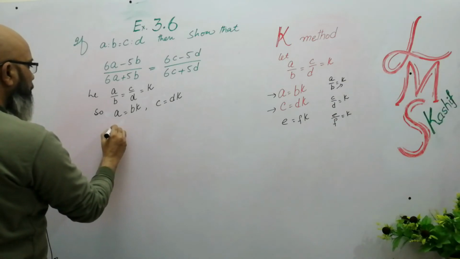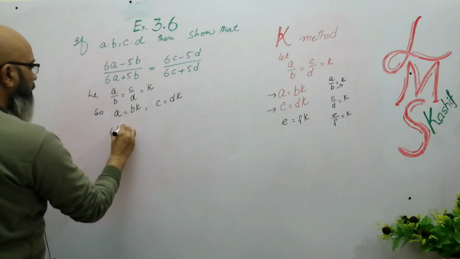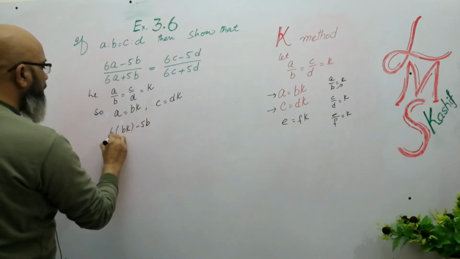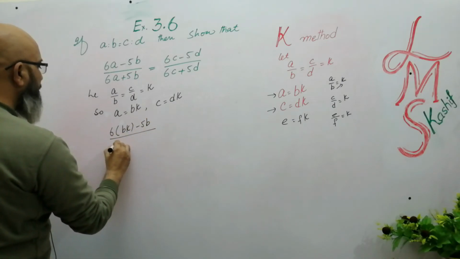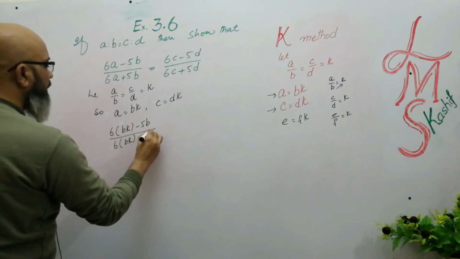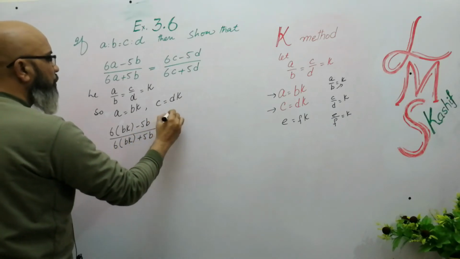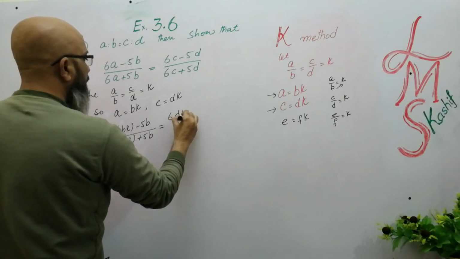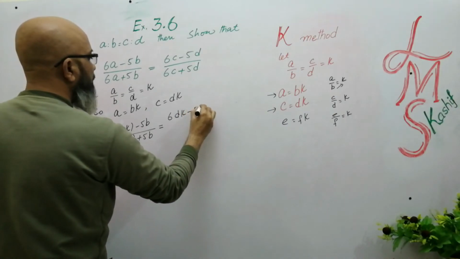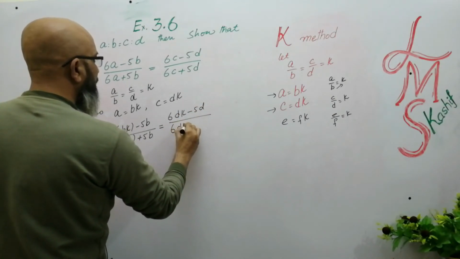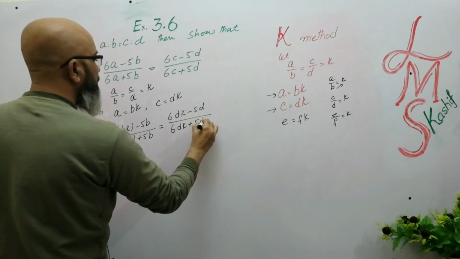So replace the value 6A with 6BK minus 5B over 6BK plus 5B is equal to 6DK minus 5D over 6DK plus 5D.